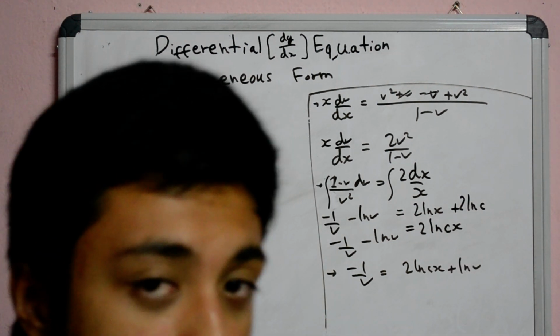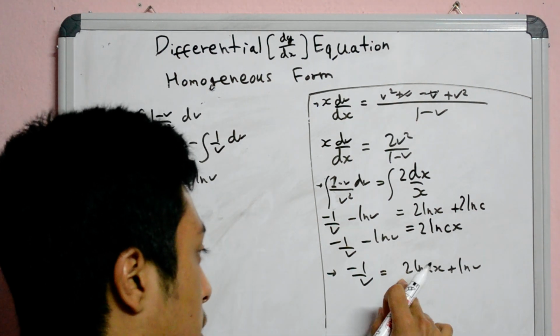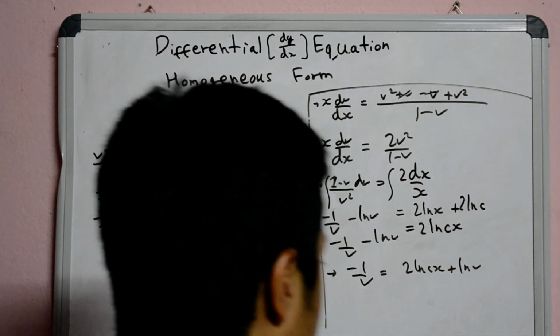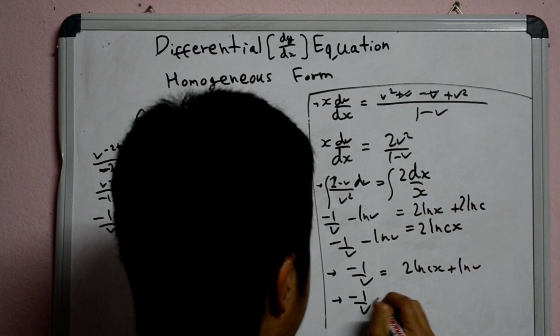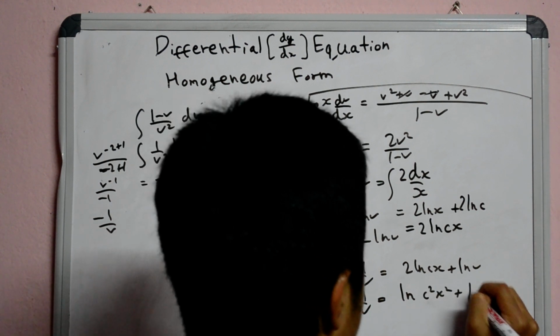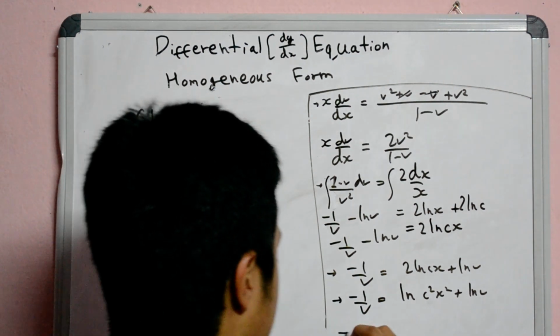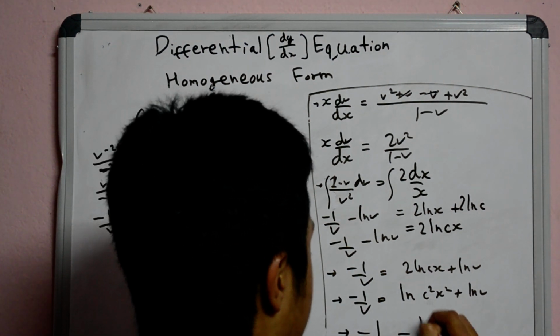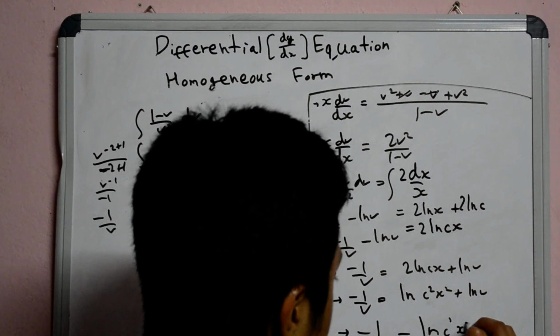Again using another log property, the coefficient in front of the log can go as the power of what is inside the log. So you'll get minus 1/v equals ln c square x square plus ln v. Now here c square is just another constant, so instead of that we can write ln c dash to represent a constant, x square into v.